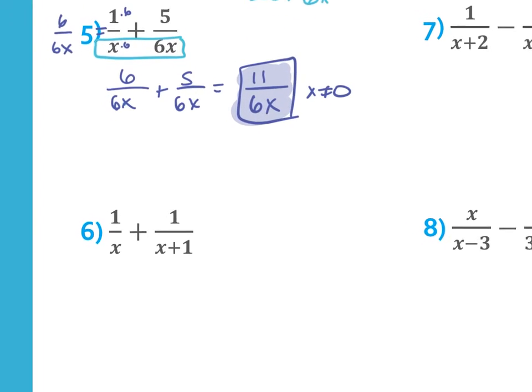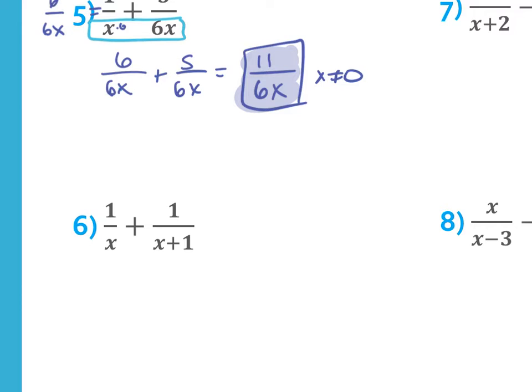All right, number 6. Now my denominators are x and x plus 1. Notice this is not multiplication anymore. So I can't make my least common denominator 1x, okay? This is its own expression and this is its own expression. So the least common denominator is the product of those two expressions, which would be x times x plus 1.